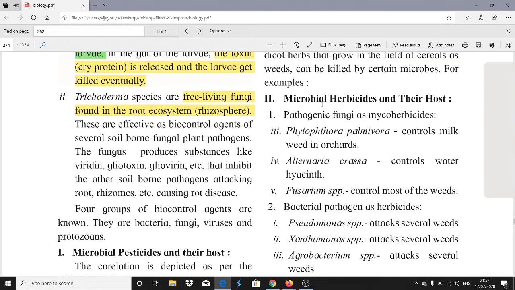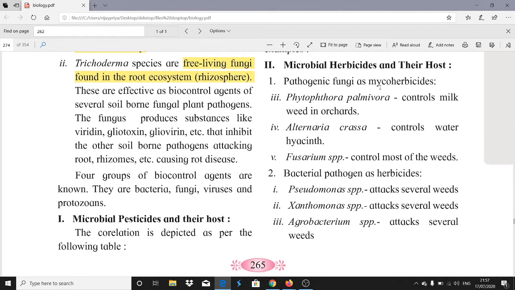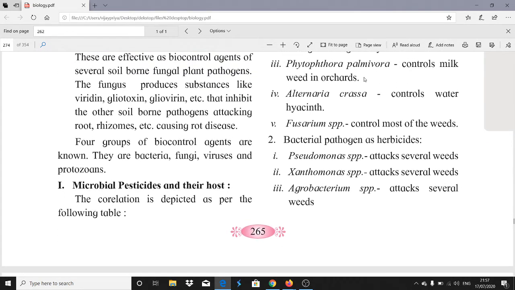Now, these are the microbial herbicides and their host. These are the pathogenic fungi as mycoherbicides. These are the names like Phytophthora, which controls milkweeds, Alternaria crassa, which controls water hyacinth, and Fusarium species, which controls most of the weeds.